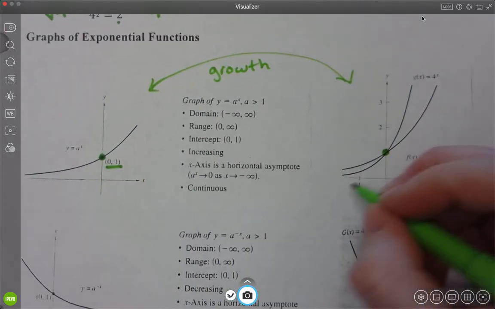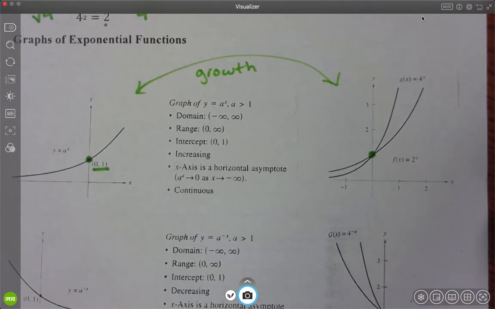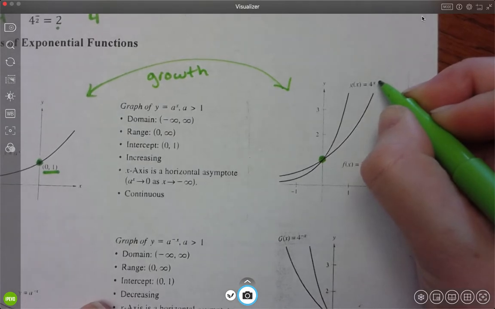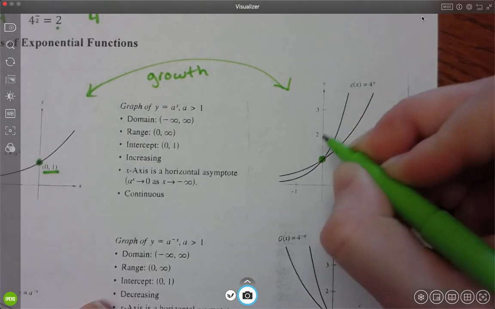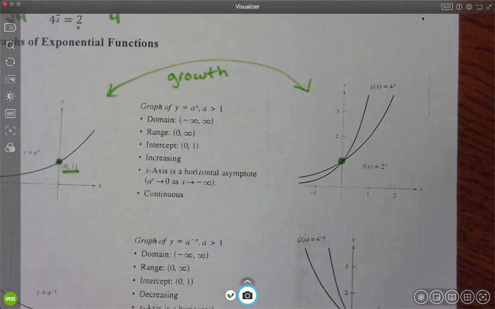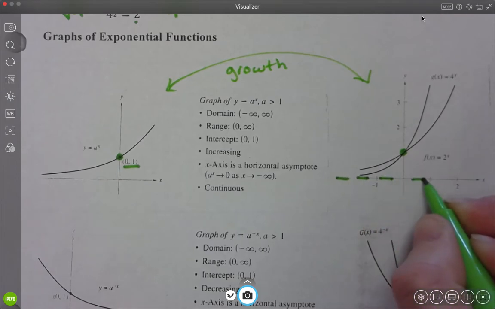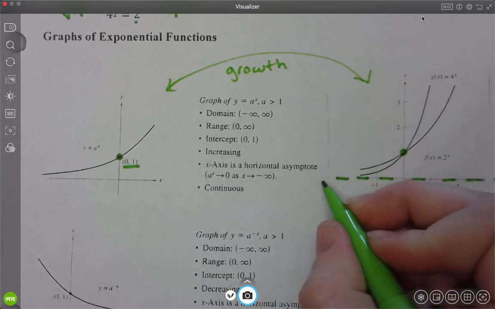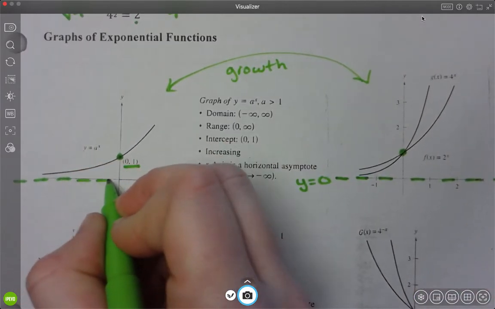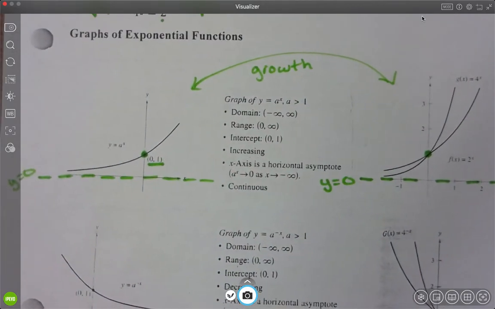No matter whether it's 4 to the x power or 2 to the x power, it will always hit at (0, 1), because if I plug 0 in for x, 4 to the 0 power is 1, and 2 to the 0 power is 1. That's why they're touching at that place. In addition, they will all have a horizontal asymptote at y equals 0. Each one of them will level out at y equals 0.